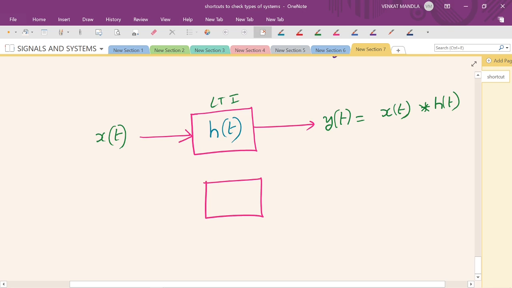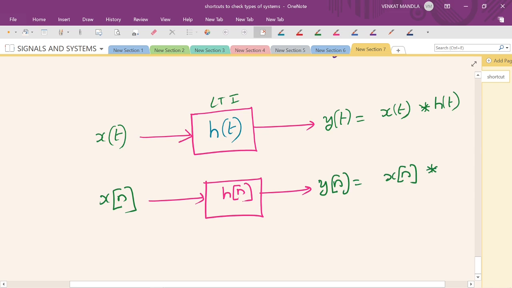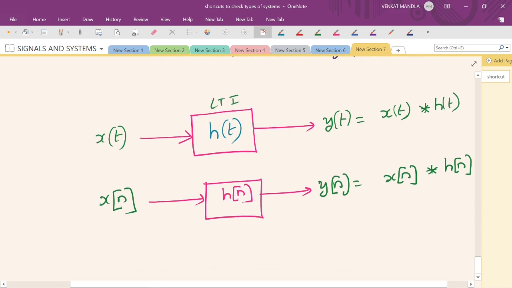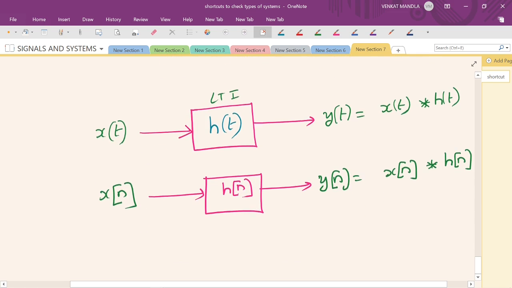If it is a discrete time case, h[n], I will apply any arbitrary input x[n], then I will find y[n] equal to x[n] convolution with h[n]. Right?